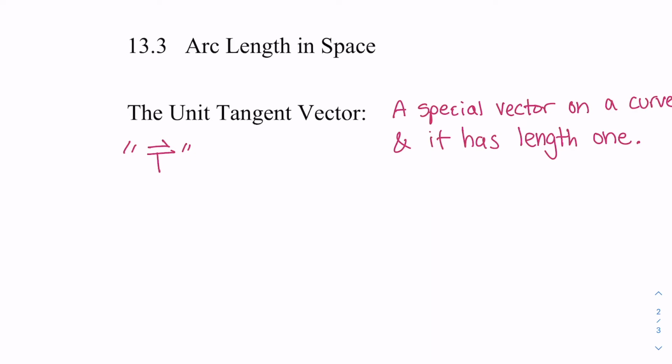And you might take a moment on your own to pause the video and think about what this formula is for the unit tangent vector before going on and I explain it to you. Because you know everything now to construct it yourself, knowing that it is a vector that's tangent to a curve and has length 1. So it kind of combines two ideas we already know.